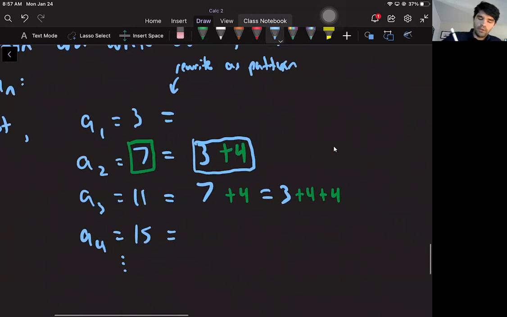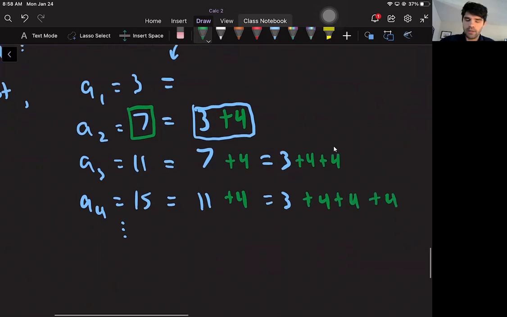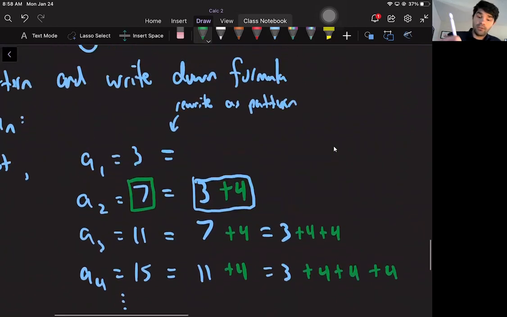Okay, so here, yes, it is 11 plus 4, but that 11 is really 3 plus 4 plus 4. So let's just add that 4 to those other 4s instead. And then we start to see the pattern. In fact, now I can sort of see 3 as this. How many 4s am I adding to 3 to get to 3? I'm adding no 4s.